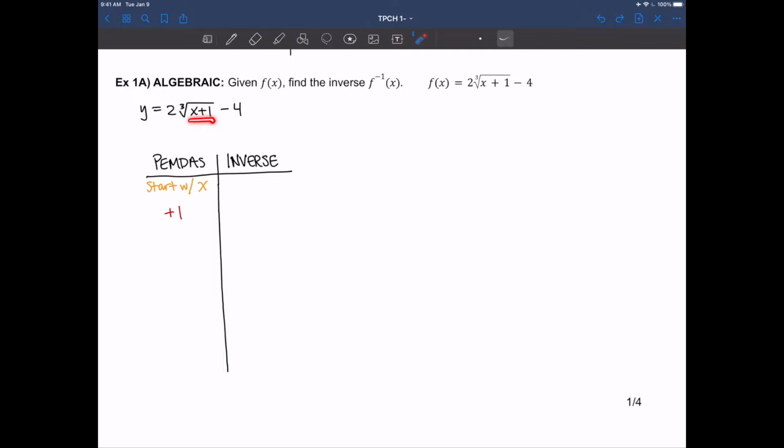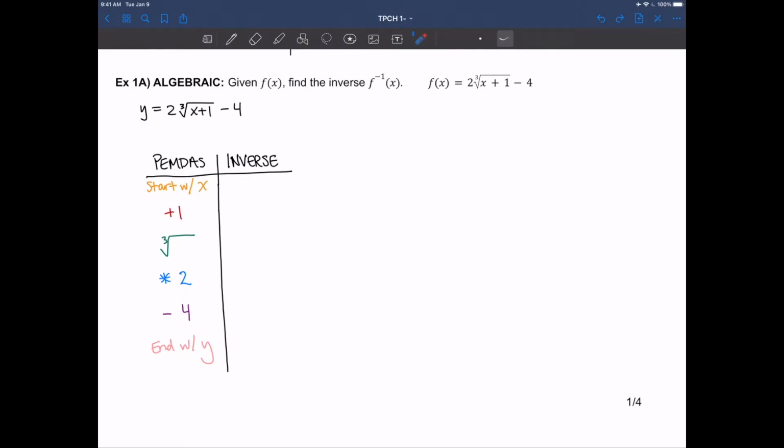What happens to x plus 1? I take the cube root of that. So that's the next operation. Once I have this right here, I multiply by 2. Okay, and lastly, I subtract 4. Okay, and then I'm going to end with y. This end with y is saying equals y.